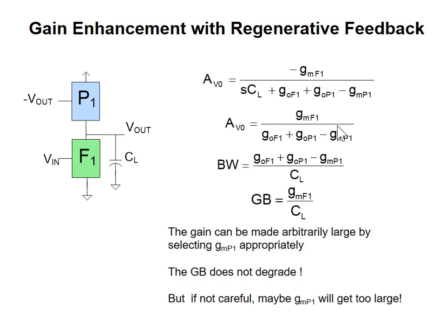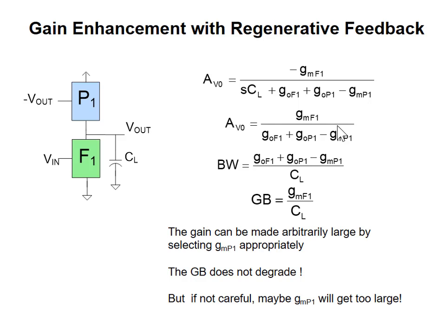How about the gain bandwidth product? Gain bandwidth product was, the output connection cancels out. Gain bandwidth product is what we had before. So we get more gain.